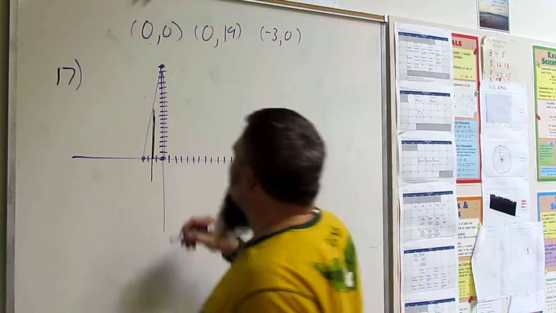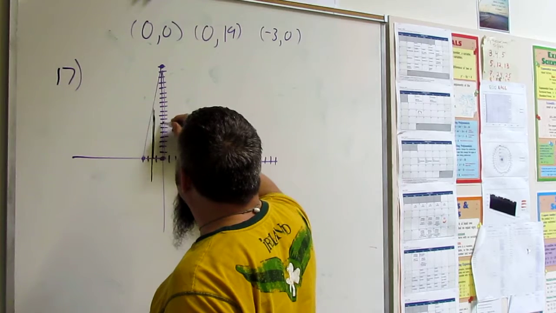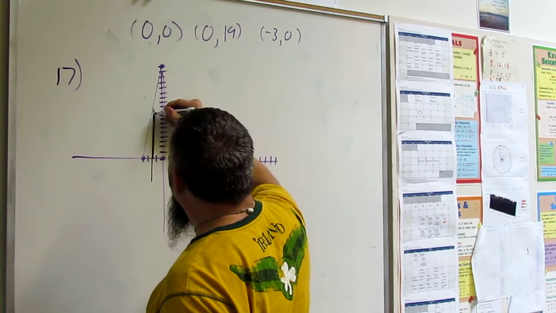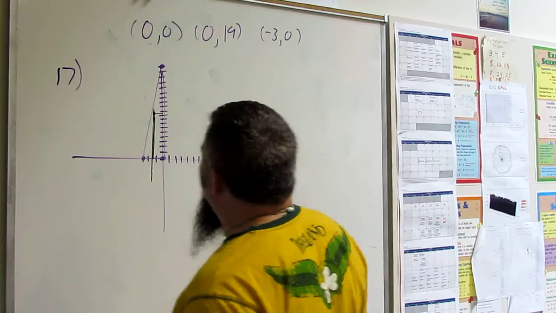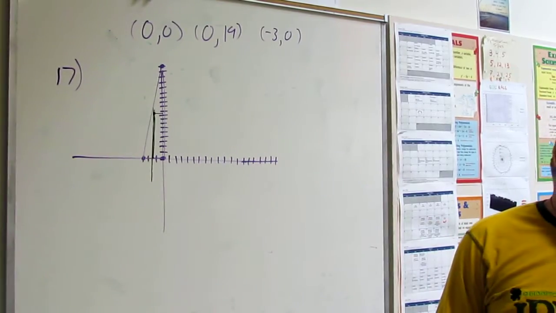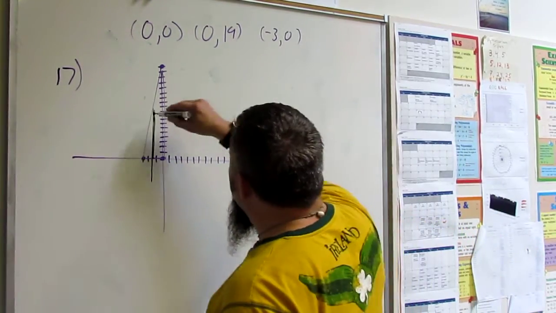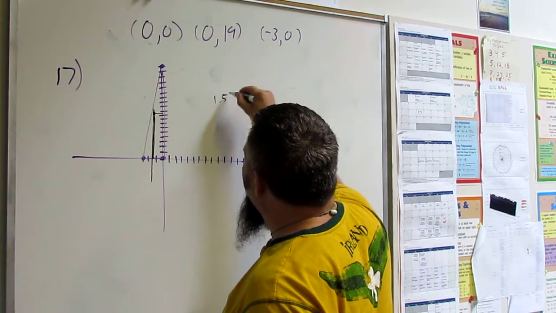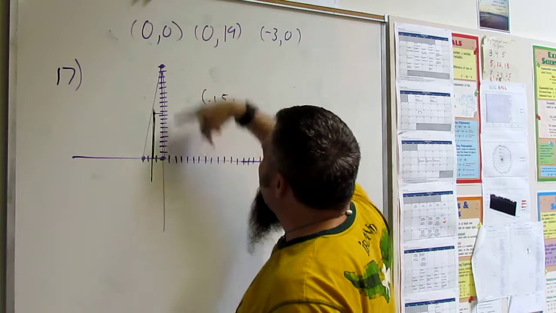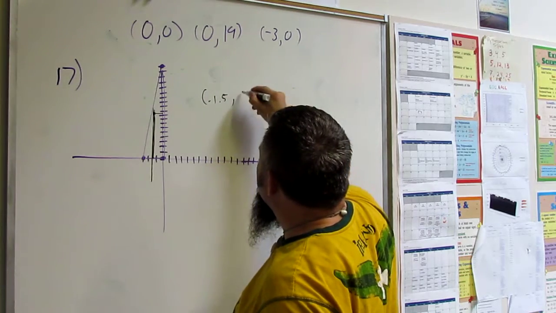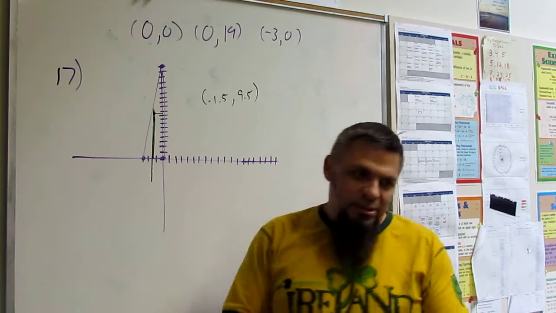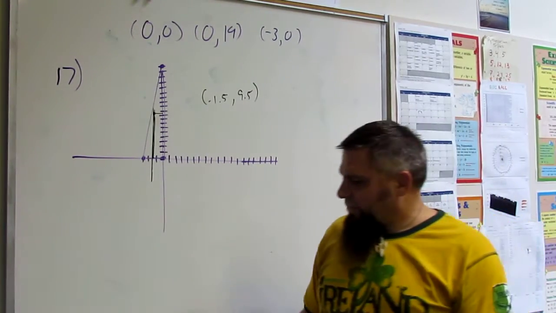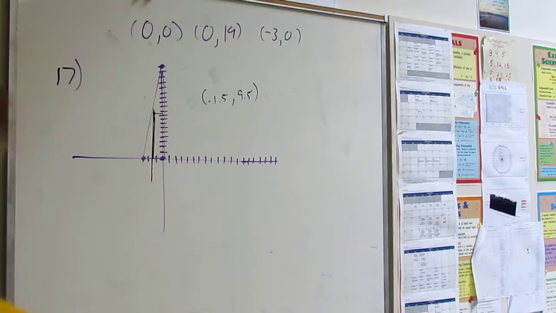And that would be its center. So its center is half of negative 3, which is negative 1.5, and half of 19, which is positive 9.5. And that's the circumcenter. It looks a lot harder than it is when you think of it that way. Does that make sense?